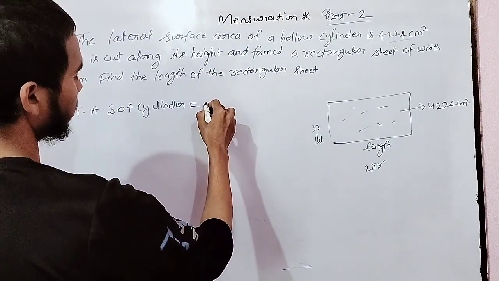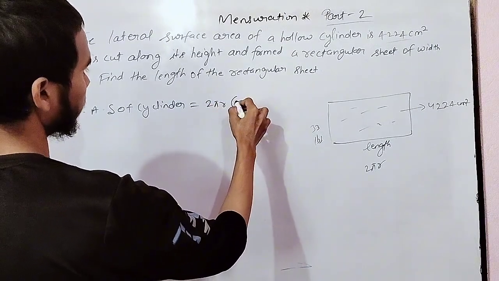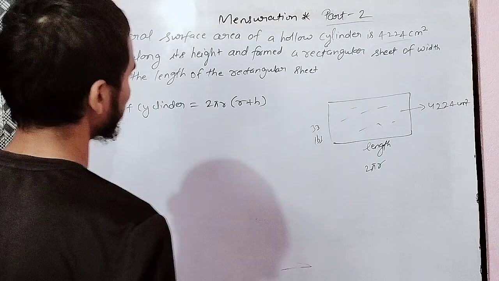The total surface area of a cylinder, to find it out we use 2 pi r times r plus h, isn't it?